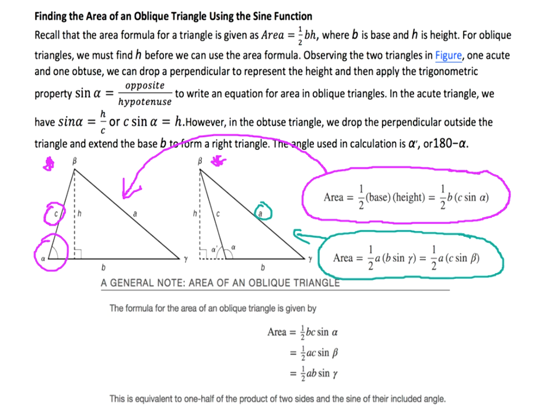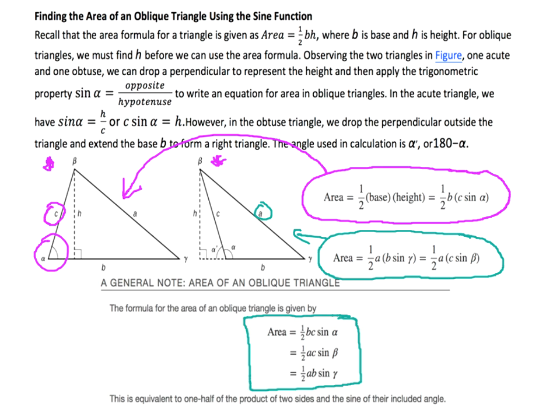And what it ends up doing is giving us these three formulas. Depending on what you're given, you'll either be given angle alpha, side B and side C; angle beta, side A and side C; or angle gamma, side A and side B. So notice, whatever angle measurement you're given, you're always given the two other sides that don't correspond to that angle. So that's how you can know which version to use.